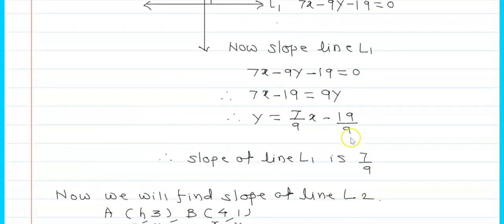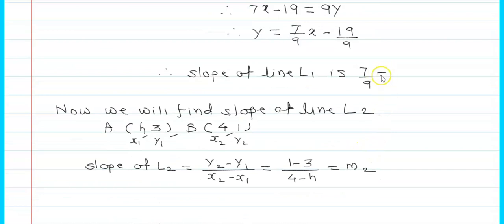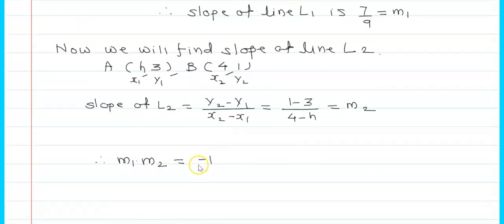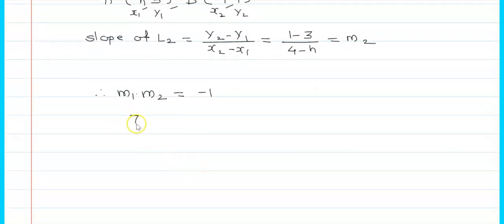Now the product of the slopes is minus 1. Here m1 is the slope of the line L1. Therefore m1 into m2 is equal to minus 1. What is m1? m1 is 7 upon 9 into m2, which is 1 minus 3 upon 4 minus h, is equal to minus 1.